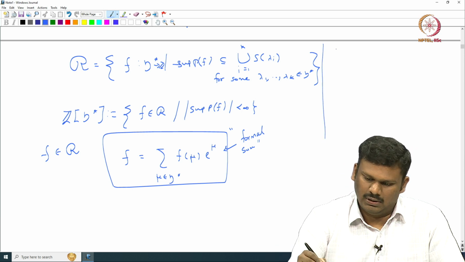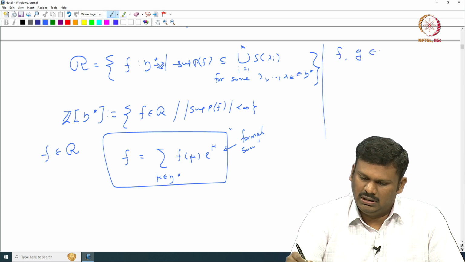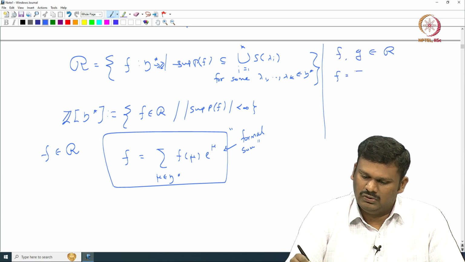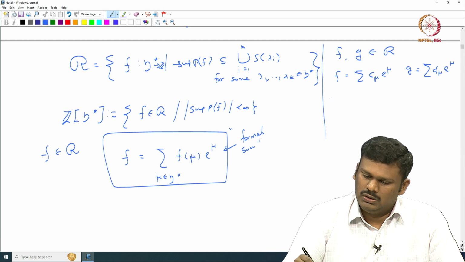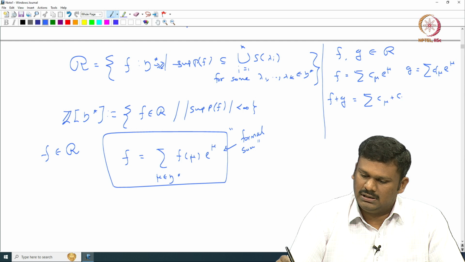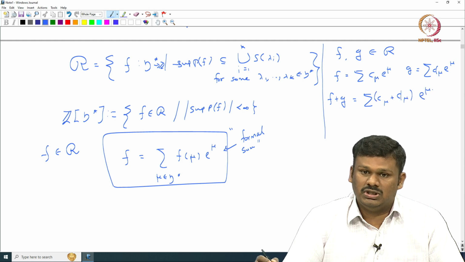Okay, let us see how one can write it. So, given f and g in R, let us write f equal to the summation of c mu e power mu and g to be the summation of d mu e power mu. Then f plus g is nothing but the summation of (c mu plus d mu) e power mu. So, that is how f plus g is defined.